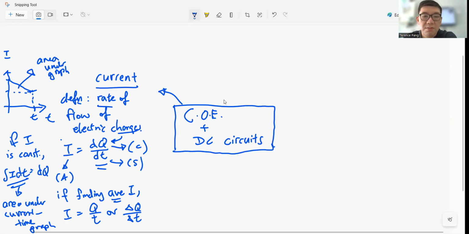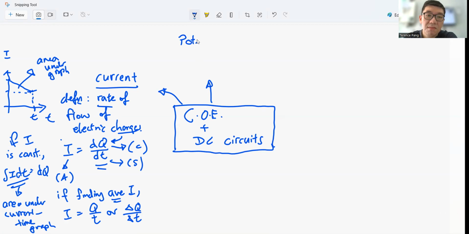Okay, so moving on, let's use the space here. We have potential difference. We also have EMF. Okay, so what is the definition of PD?